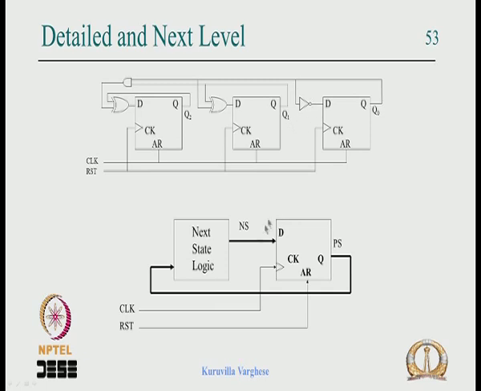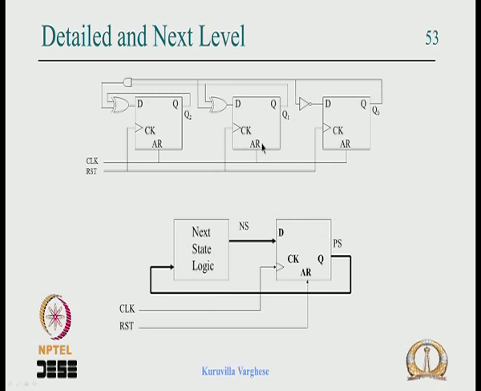So you know that this is the picture we have shown in an abstract next level higher level block diagram, but here you see D0 is Q0 bar, D1 is Q1 exclusive or Q0, and D2 is Q2 exclusive or Q1 and Q0 and so on. Okay. So when we put it, you should not forget that D0 is a function of Q2, Q1, Q0, D1 is a function of Q2, Q1, Q0 and so on.